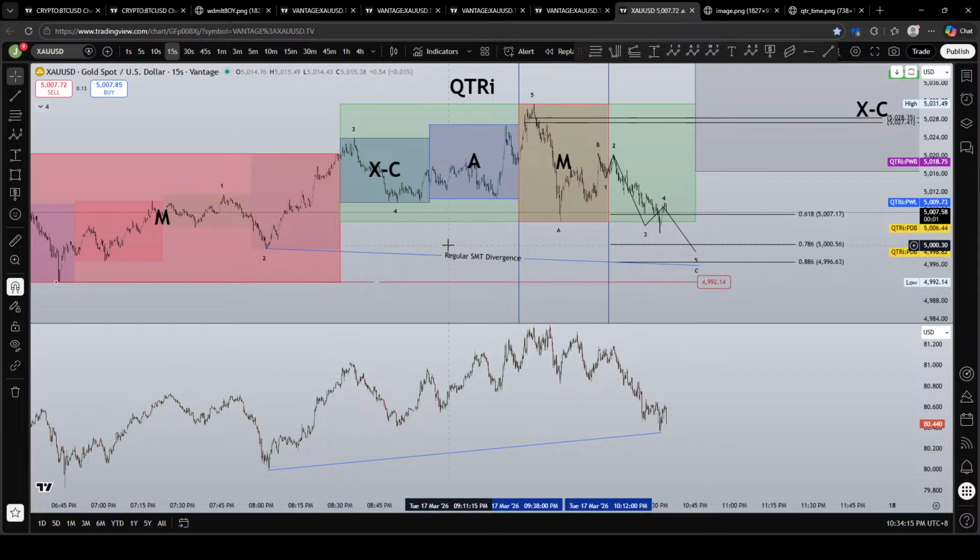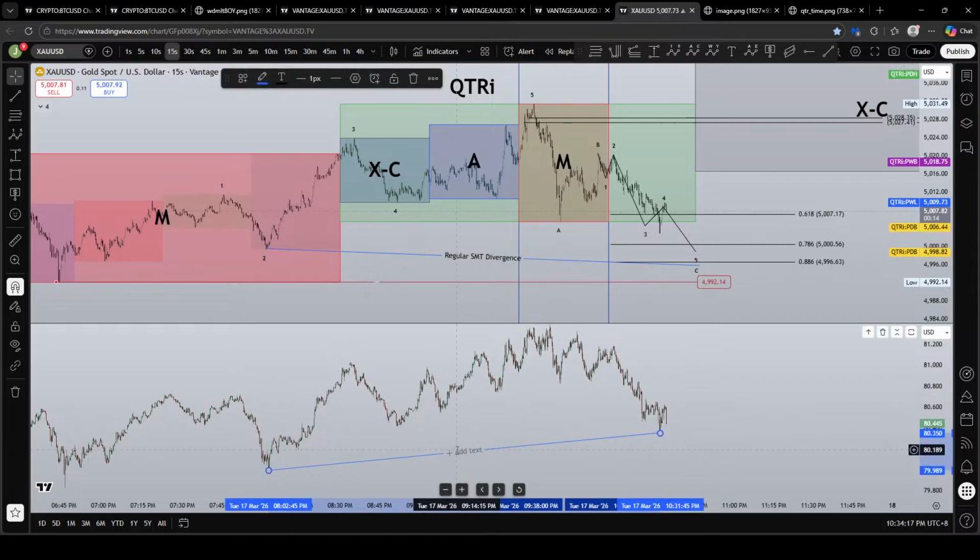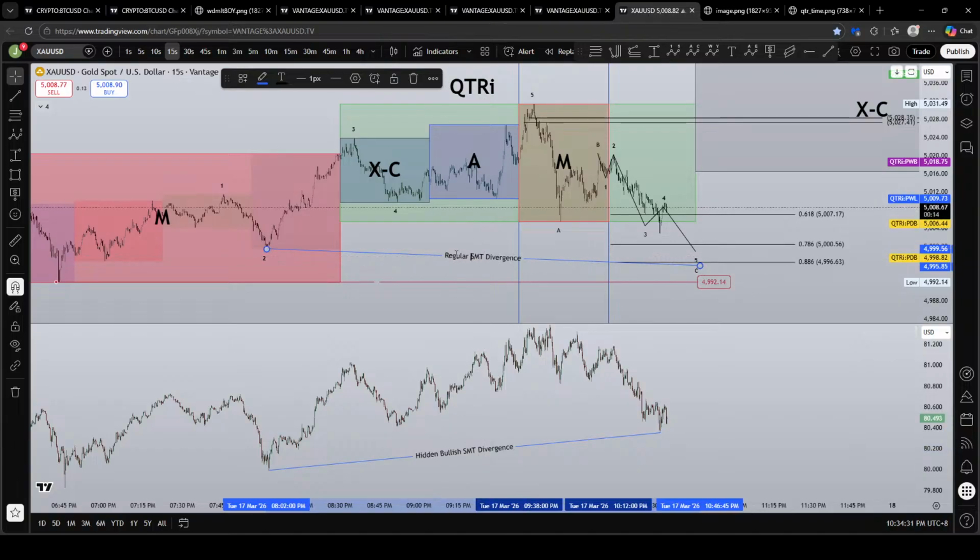So its counterpart obviously will be considered as hidden bullish SMT divergence. This one is a regular bullish SMT divergence.